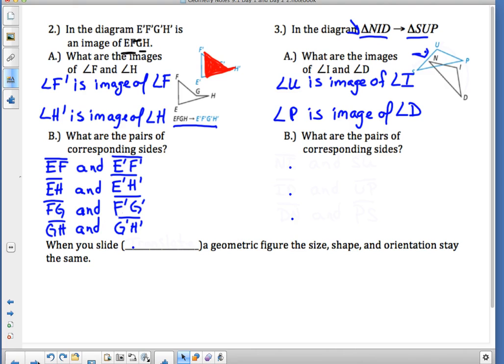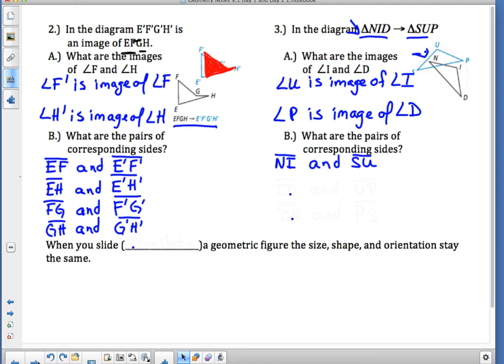Now, the next thing is we're going to do it without the primes. Order matters, right? So, NI to SU, ID to UP, ND to SP as I go so I can catch them all.